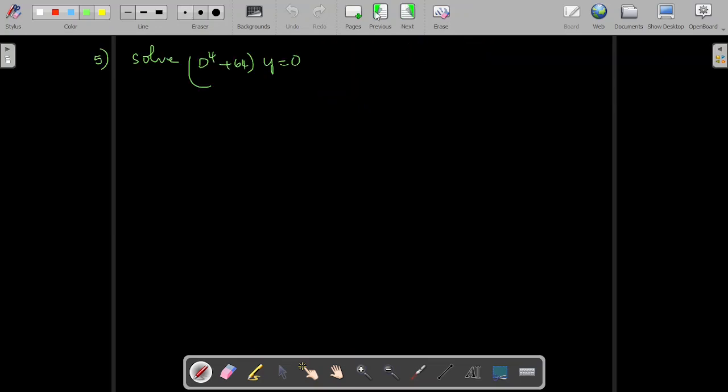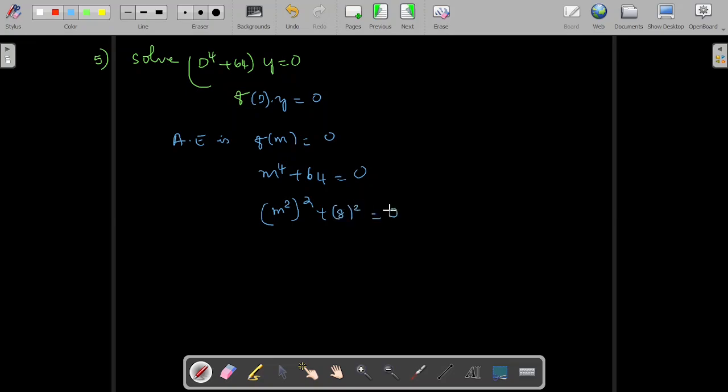The next question. Solve (D power 4 plus 64) into y equal to 0. This is of the form f of D into y equal to 0. You have to get auxiliary equation f of m equal to 0, which is m power 4 plus 64 equal to 0. Now this can be written as (m square) whole square plus 8 square equal to 0.